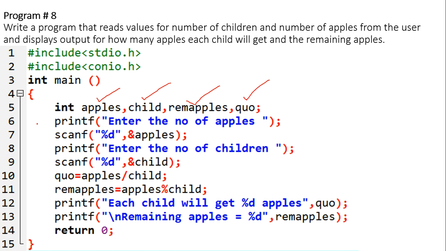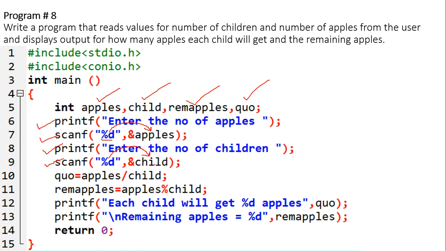Now the first statement is the printf statement, enter the number of apples. Through the input statement we get %d, and the value the user entered goes directly into the variable apples. The third statement, enter the number of children, and through scanf the %d gets the value from the user and sends it directly to the child variable.